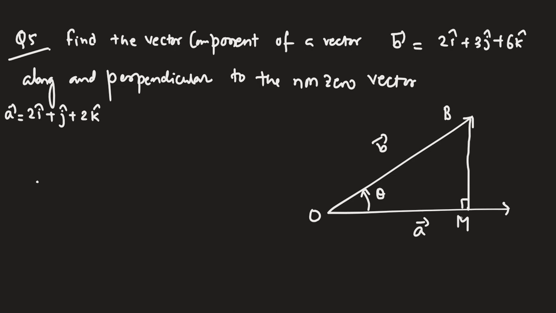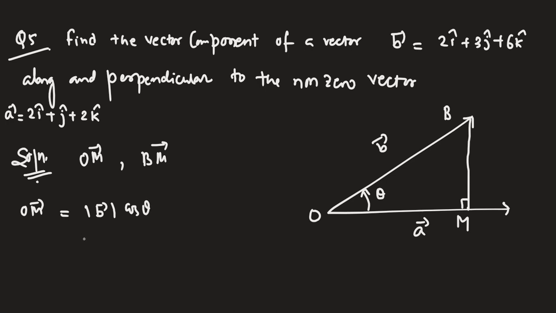So now we are actually going to find out, our target here, what is AM vector and what is BM vector. These two we have to find out. Now all of you know that OM vector is nothing but mod of OB, that means B vector cos theta, that I am taking just as the projection.